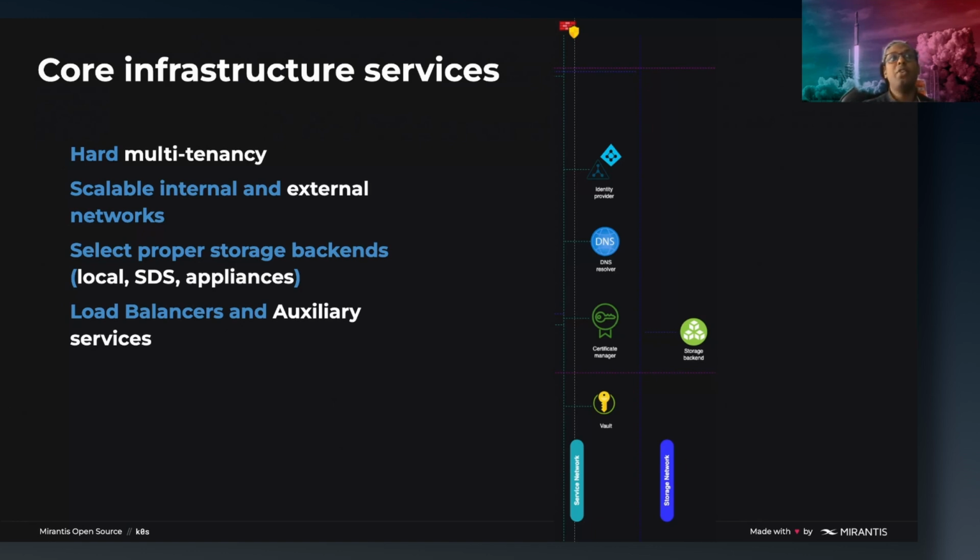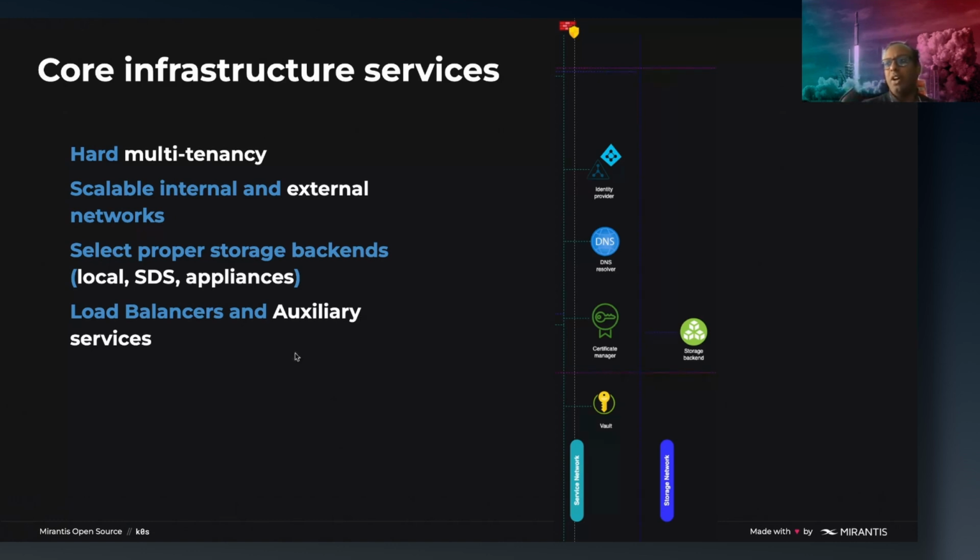Right? You have various solutions today, whether you want to use local storage, software-defined storage solutions like Ceph or Portworx, or appliances like, again, Pure Storage or NetApp, right? So you can have a mix of all of these in the sense that you can always say, okay, I'm deploying a Kubernetes cluster and I want to host databases there. These databases can use local storage, right? Local NVMe for speed.